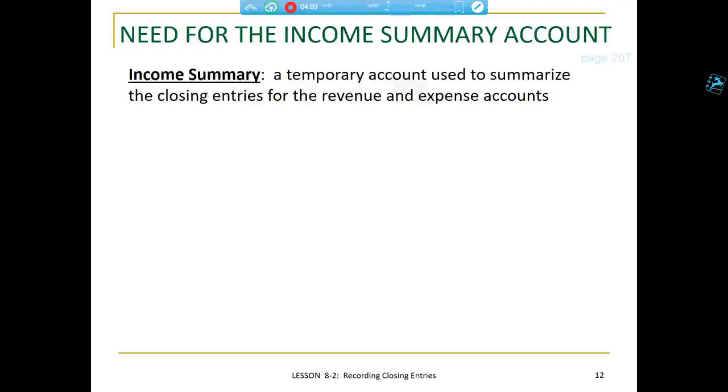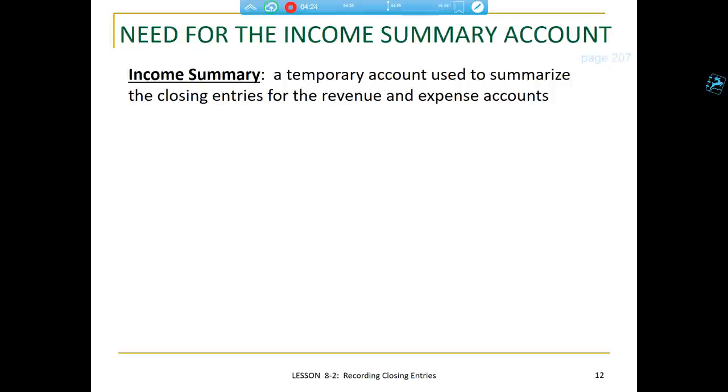Okay, so now here's where we use that income summary account. Remember when we did the worksheets back in chapter 6, we put that income summary account down there. You would have your assets, your liabilities, your capital, your drawing, and then you have the income summary. This is where we're finally really going to use the income summary.